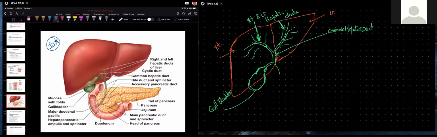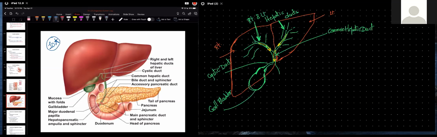And the duct of the gallbladder is what we call the cystic duct. So the common hepatic duct is now carrying the bile coming from the right and left hepatic ducts. This bile is about a liter per day, so you are releasing large amounts of bile per day.